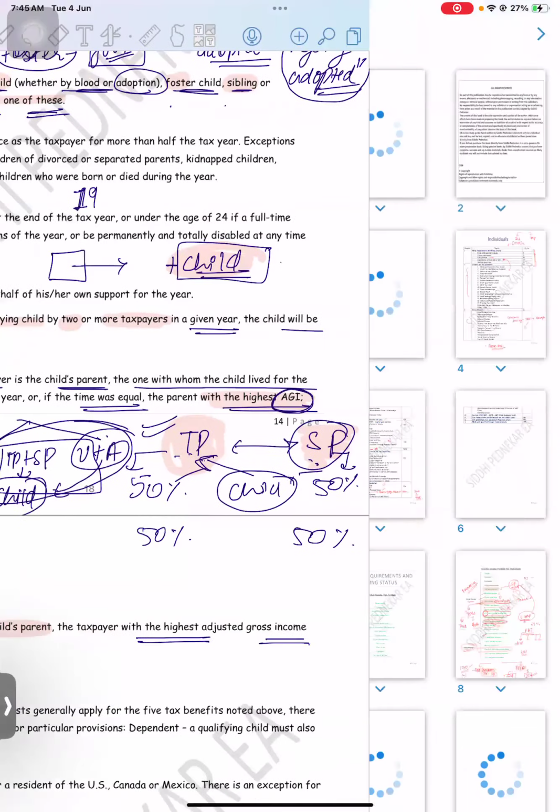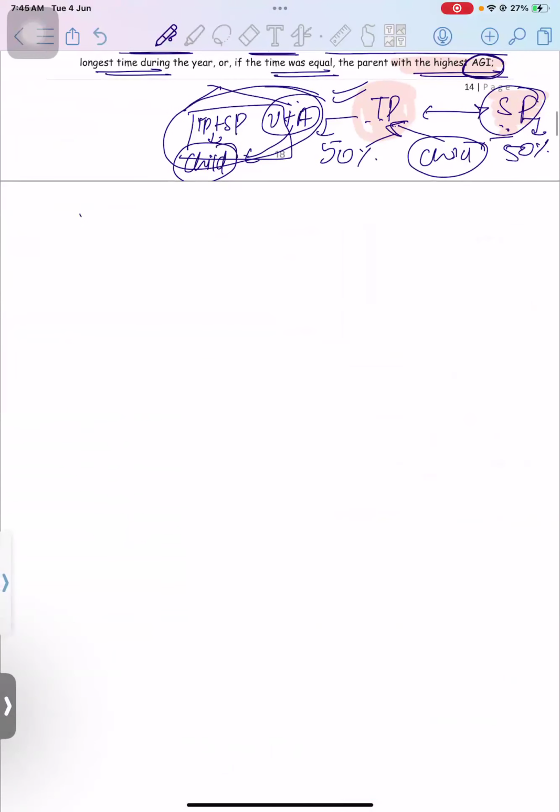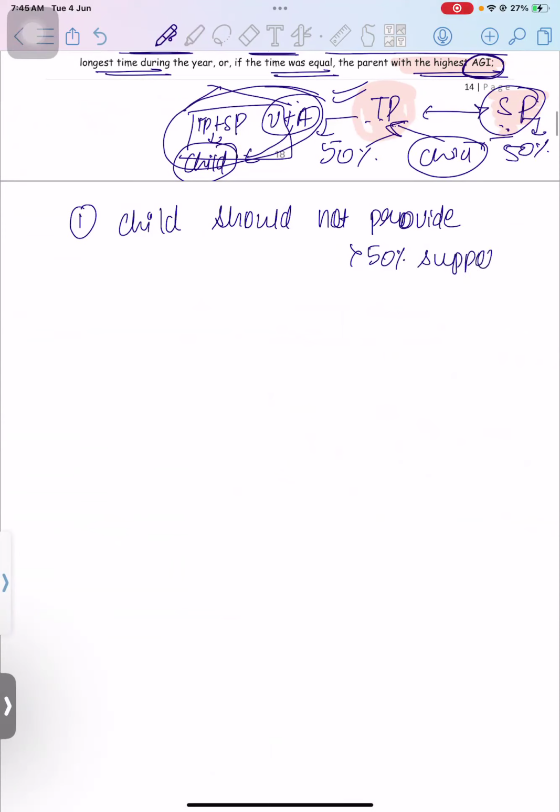Now, please remember there is a difference between two terminologies. One, the child should not provide more than 50% of support. And second, the taxpayer should provide more than 50% of support.